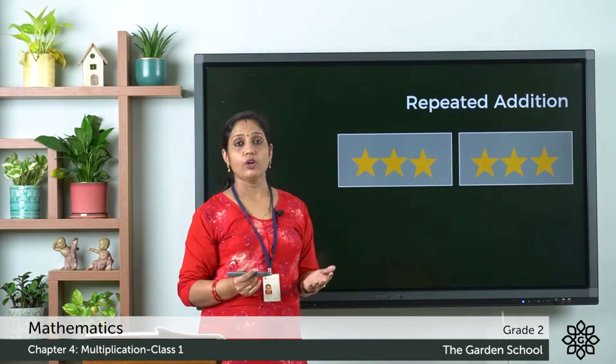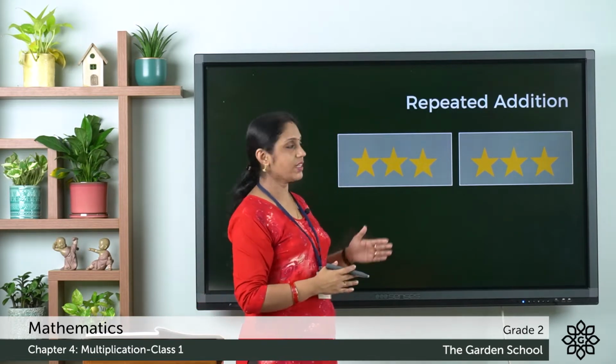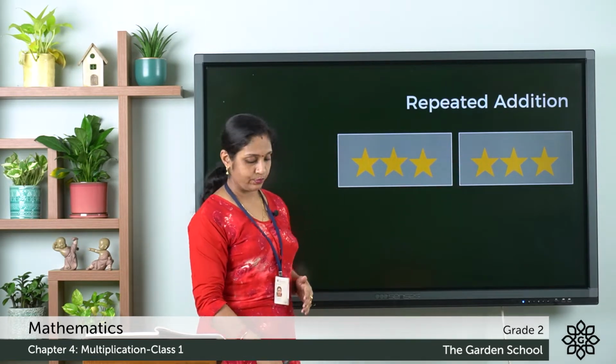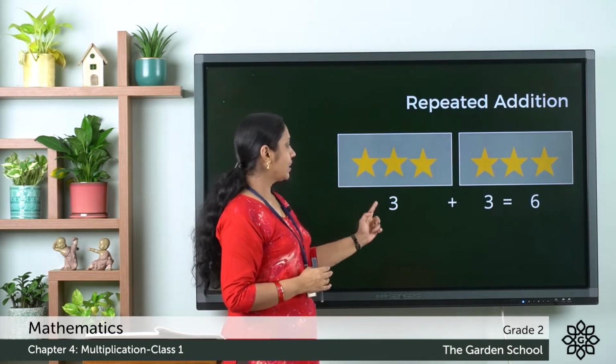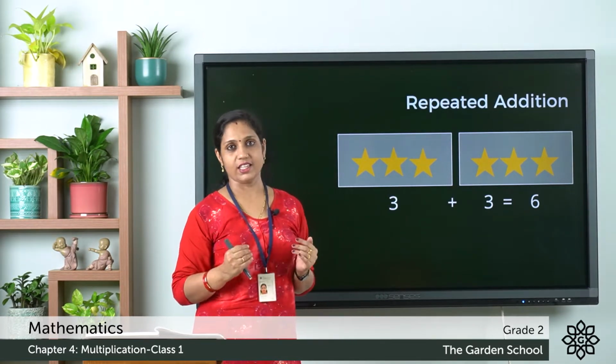So how can we find out the total number of stars? We have to add these 2 groups, that is 3 plus 3. And how much is 3 plus 3? It is 6.